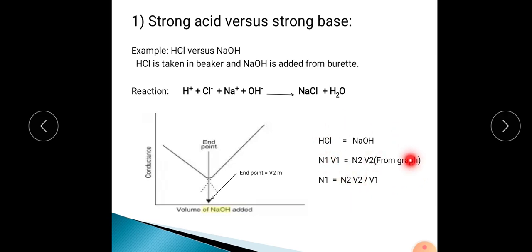In this way we can find out the normality of any of the two species. Here it is for HCl, and after determining normality we can determine its strength by multiplying it with its equivalent weight. This is the first neutralization titration, strong acid against strong base.